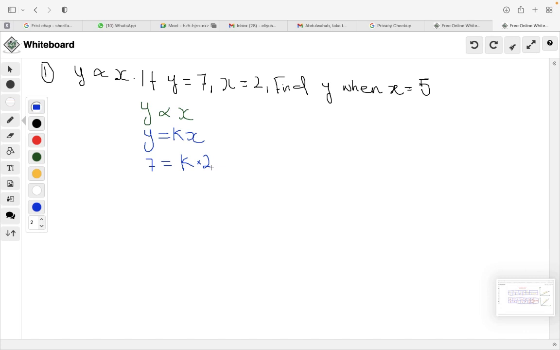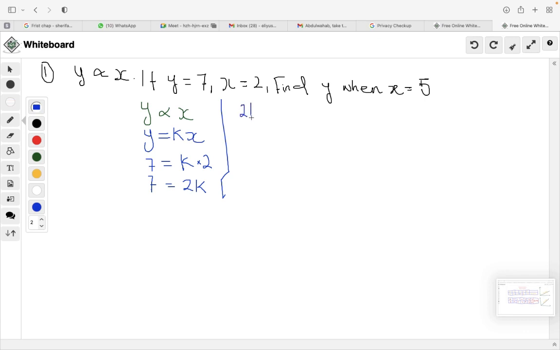So 7 on the left is equal to 2k. If you multiply 2 times k, it becomes 2k. So 7 equal to 2k, or 2k equal to 7, the same thing.